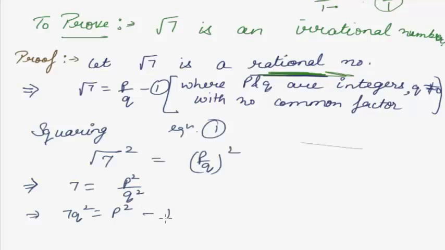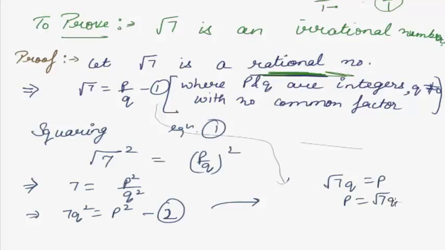Let this be equation 2. Also from here we can conclude, by modifying statement 1, that p is root 7 times q.